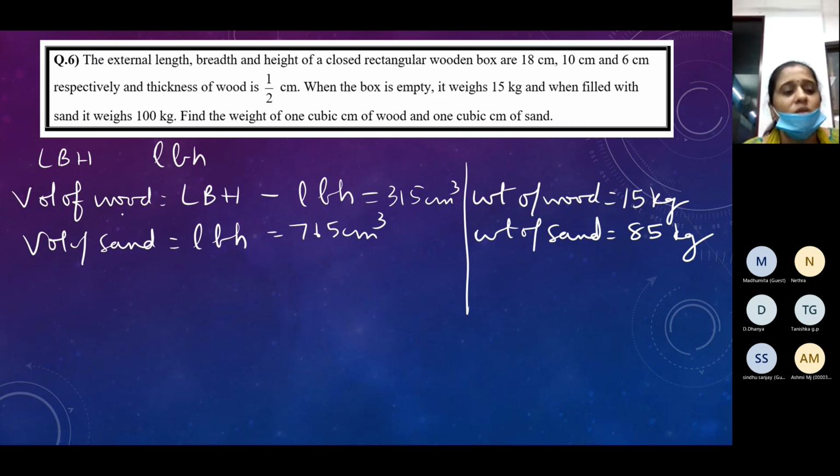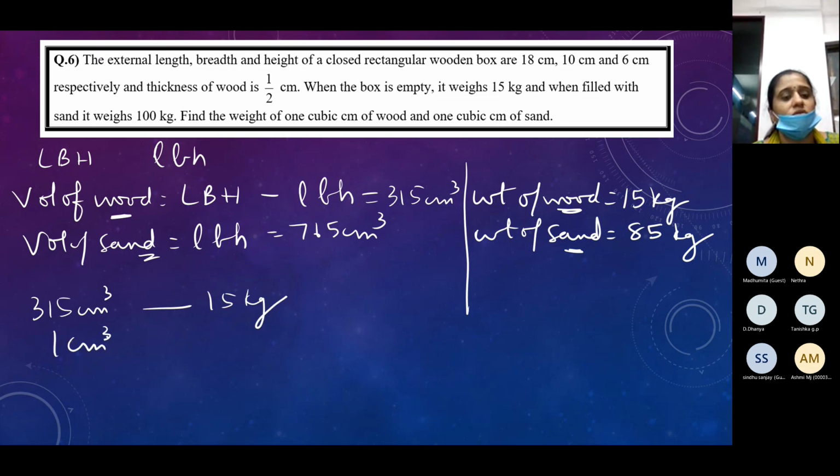So what do you have? Volume of wood, weight of wood. Volume of sand, weight of sand. Now what will you write? 315 centimeter cube of volume has a weight of 15 kgs. Then 1 centimeter cube will have a weight of 15 by 315 kgs per centimeter cube, because it's for 1 centimeter cube.